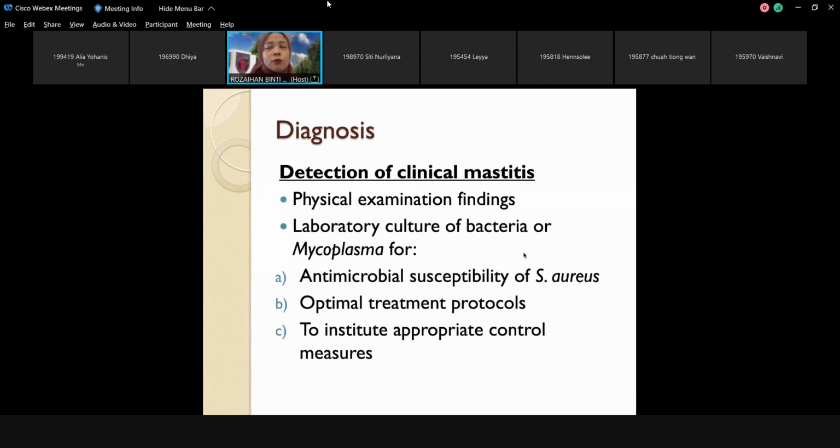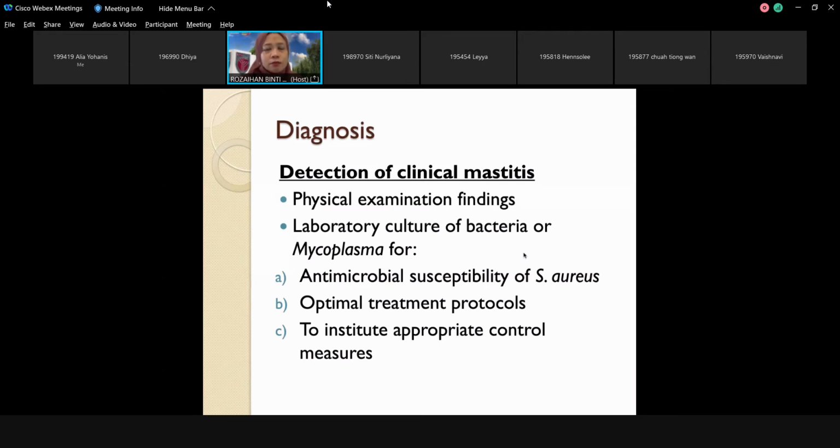But of course, it would take time for you to wait for the lab results. So that's why I've mentioned this to you, because this is a very complex disease. It doesn't mean that once you know that it's bacteria, then you just proceed with giving penicillin, for example. No, it's not as straightforward as that.